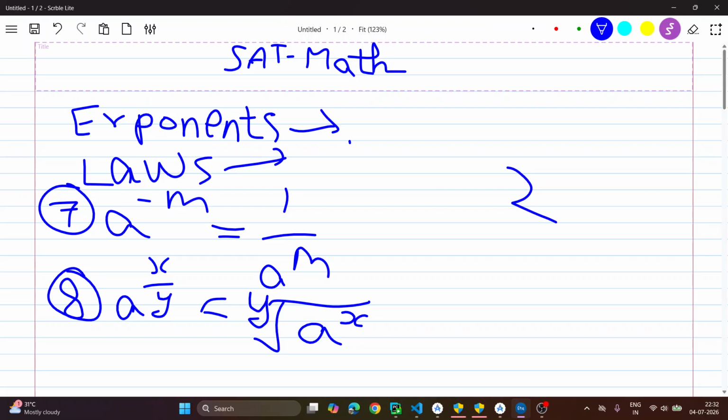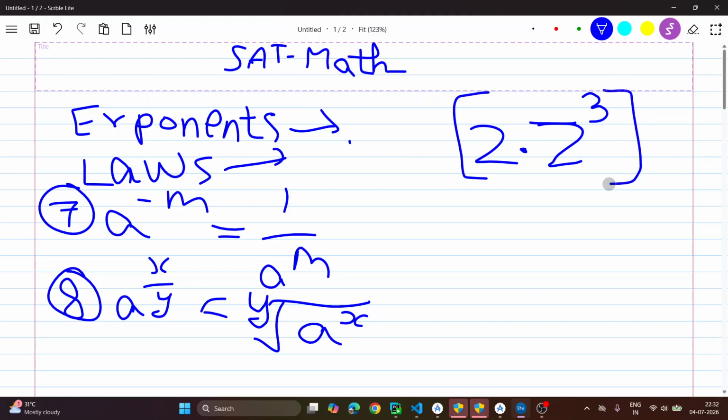Okay, I'll give you a question so that you'll understand. See, they're asking you 2 into 2 power 3, the whole power 1 by 2. I guess you must be able to understand this.